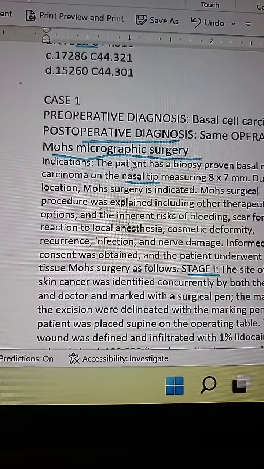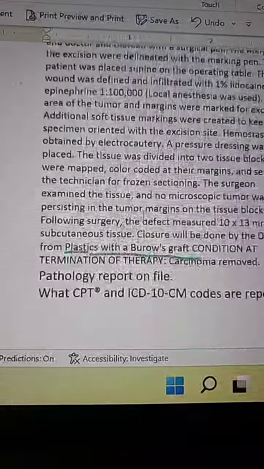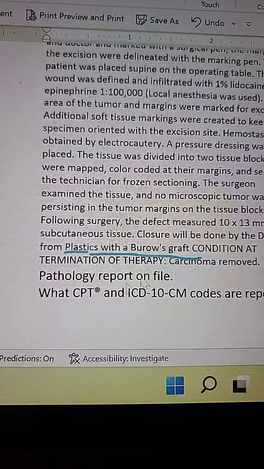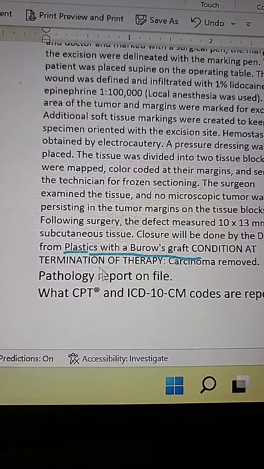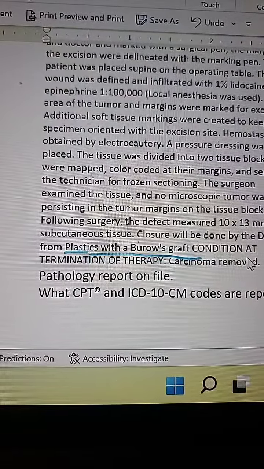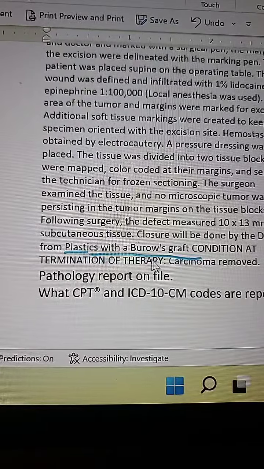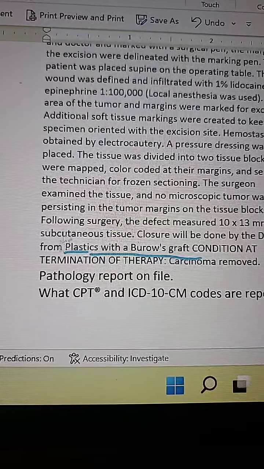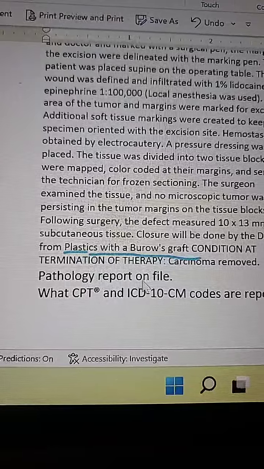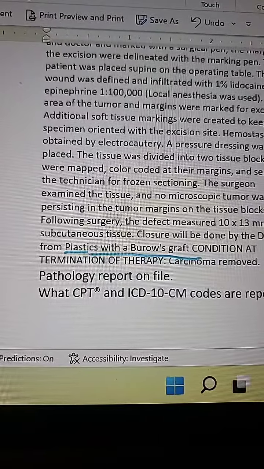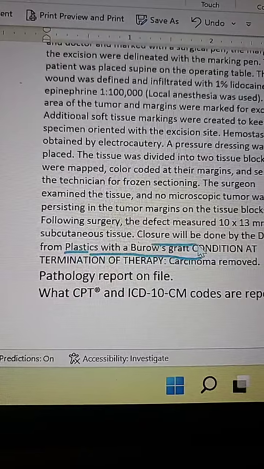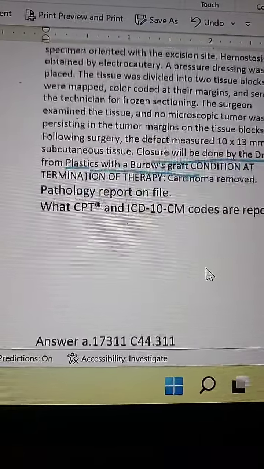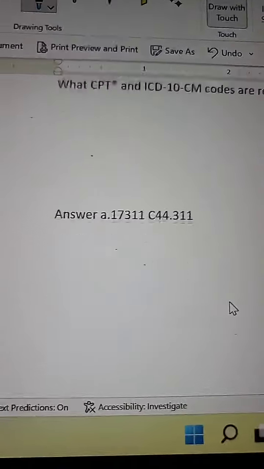And the report does not state any surgery about the graft at all. It just says who's doing the graft. There's no documentation of the graft, so we're not going to code that. It just says we handed the patient off and another doctor will finish that. So that's cool. A is our answer.